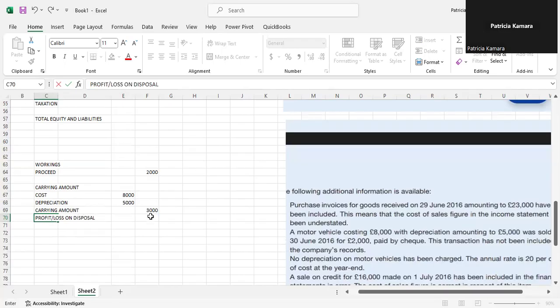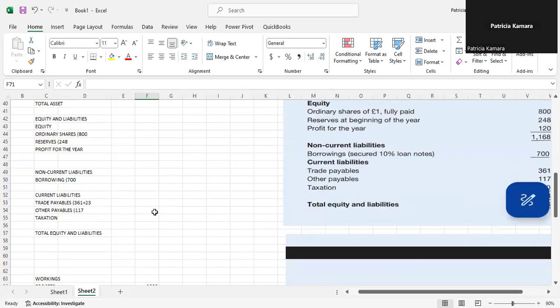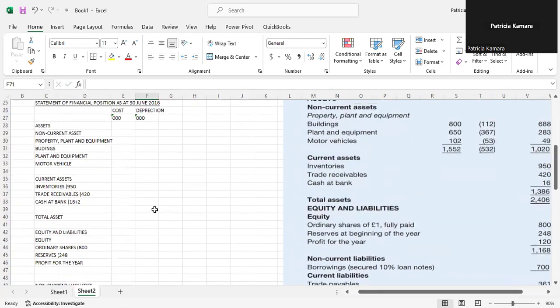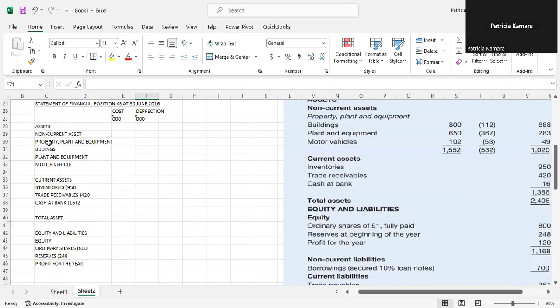The 2,000 is how much we sold it for, and the 3,000 is how much it was worth in our books. This gave us a negative 1,000. So in this question, it is not a profit, it's rather a loss. And when it's a loss, we have to include that value in our income statement. So we have incurred a loss of 1,000.